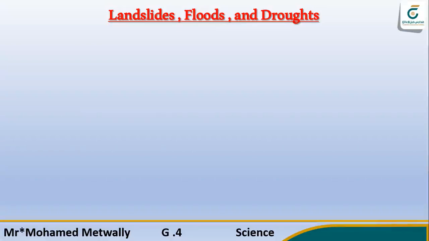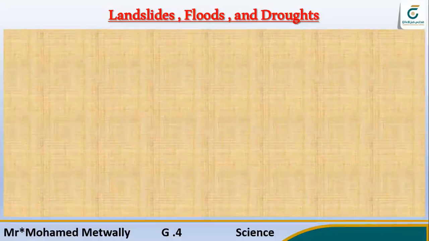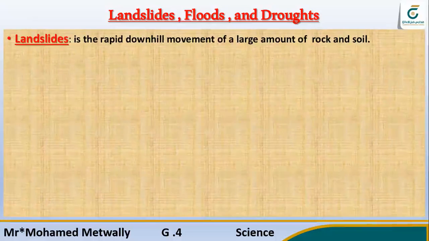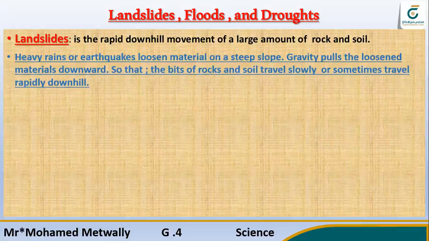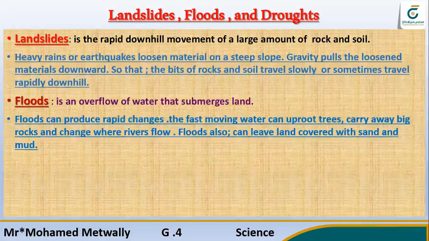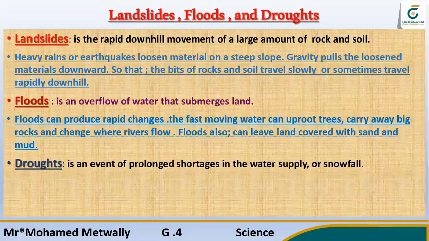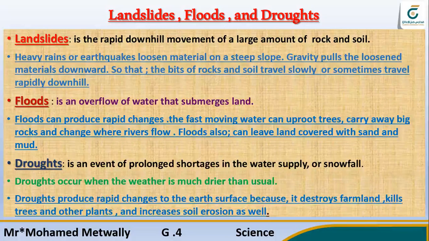We can get more information about these natural events here, starting with landslide definitions, then the explanation of landslides, floods, then their explanation as well, and finally droughts and the explanations for droughts.